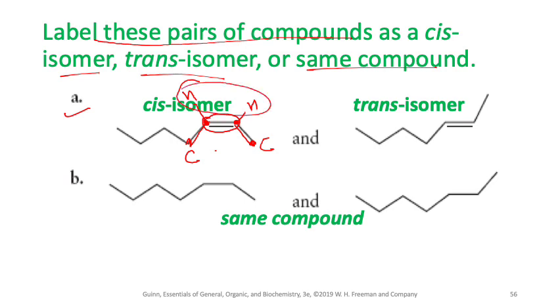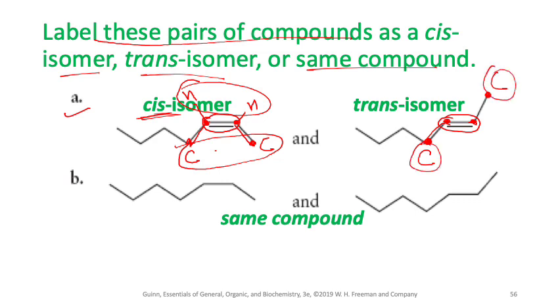So you can see that both hydrogens are on the same side and both groups are on the same side, so this is a cis isomer. What about over here? You have a double bond, you have a carbon over here, and another one on the top. So the groups are on opposite sides, up and down, and the hydrogens are also up and down. So this is the trans isomer, right? They are not on the same side.